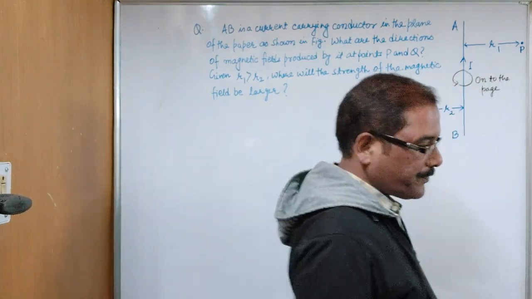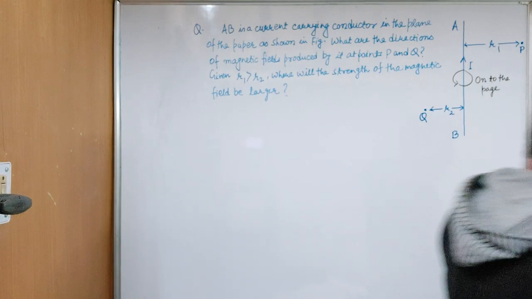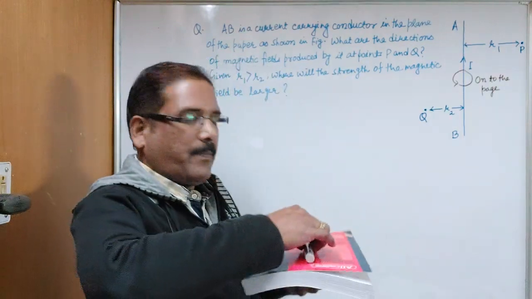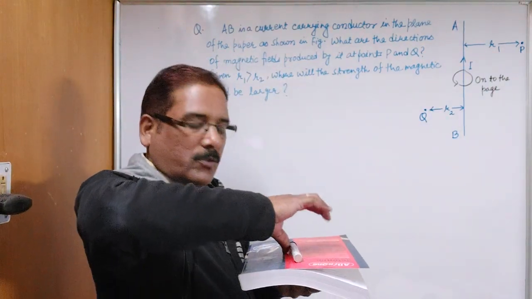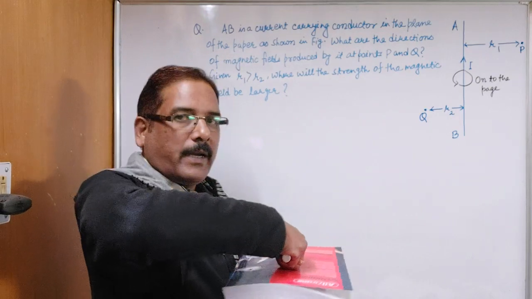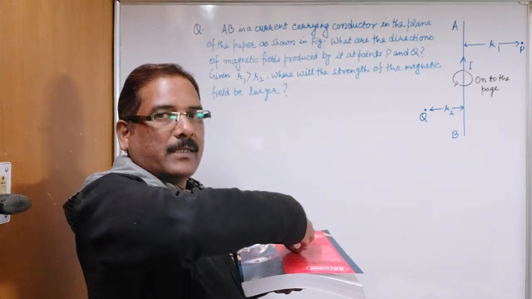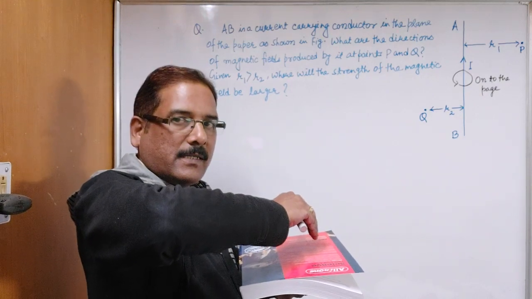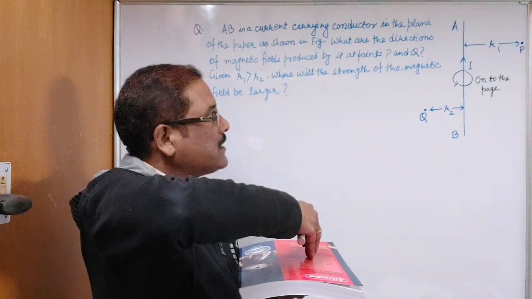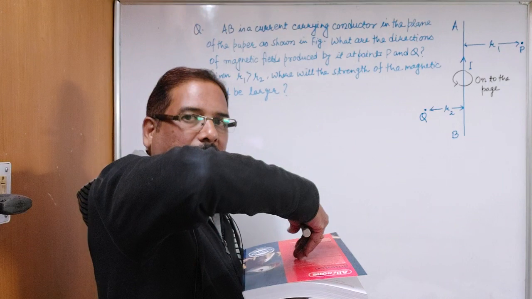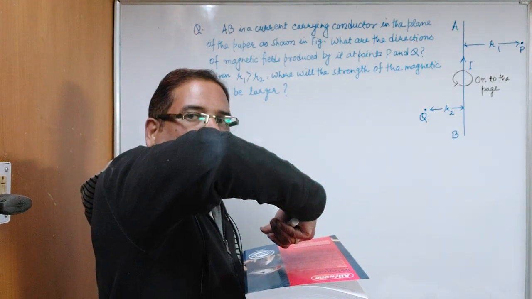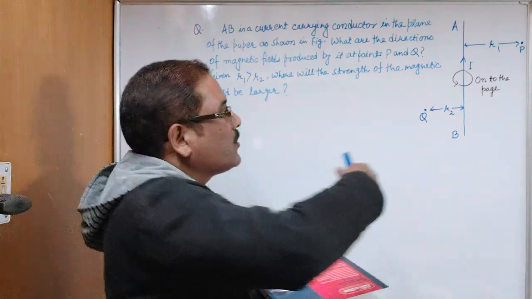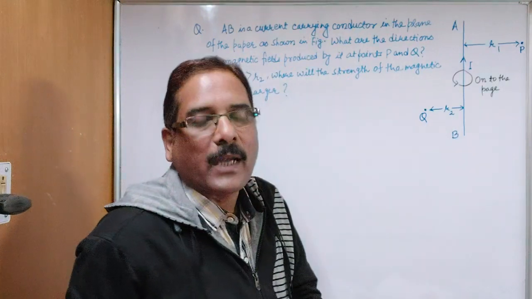Suppose this is the plane, and you have placed a wire over it. So if we hold it in this way, that the thumb is in upward direction and the fingers are wrapped around this, so it will be into the page on the right side, and these magnetic field lines move and go up then. So from the Q side it should be outside.